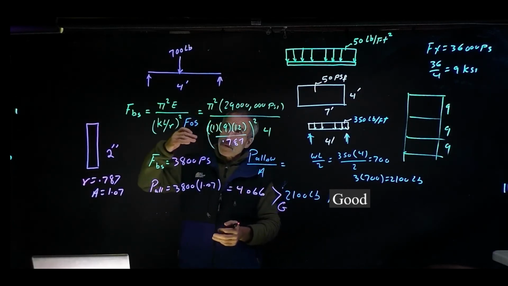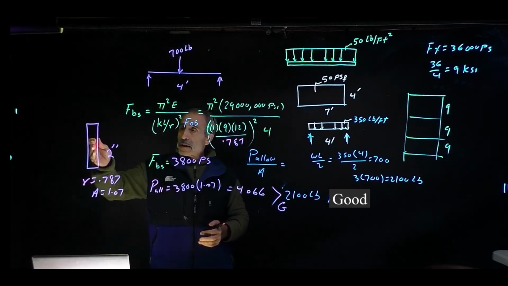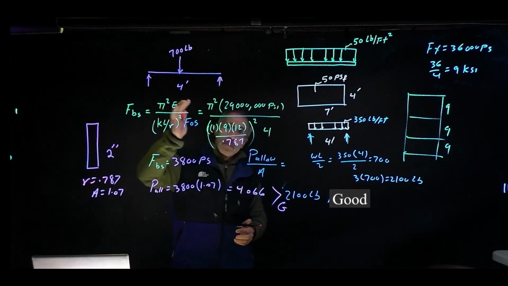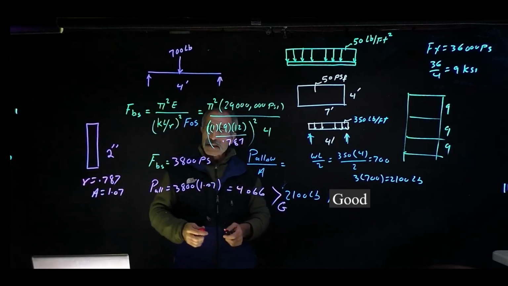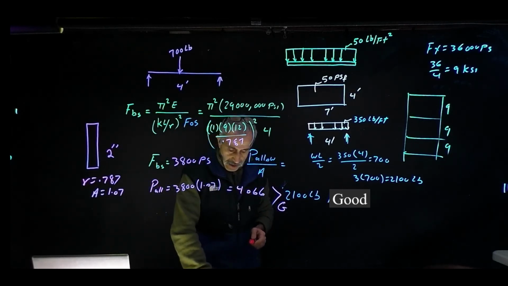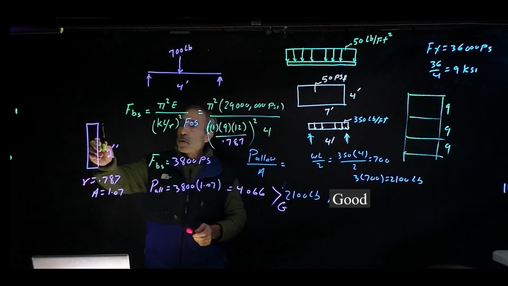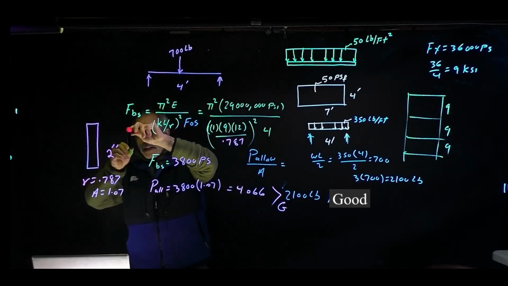Remember we said there's two different ways this post can fail. One was the elastic buckling, which we just checked. So we've got to go ahead and check against the bending. The reason is because take a look at these two markers I've got in my hand. This is the post, and the bearer is connected like that.